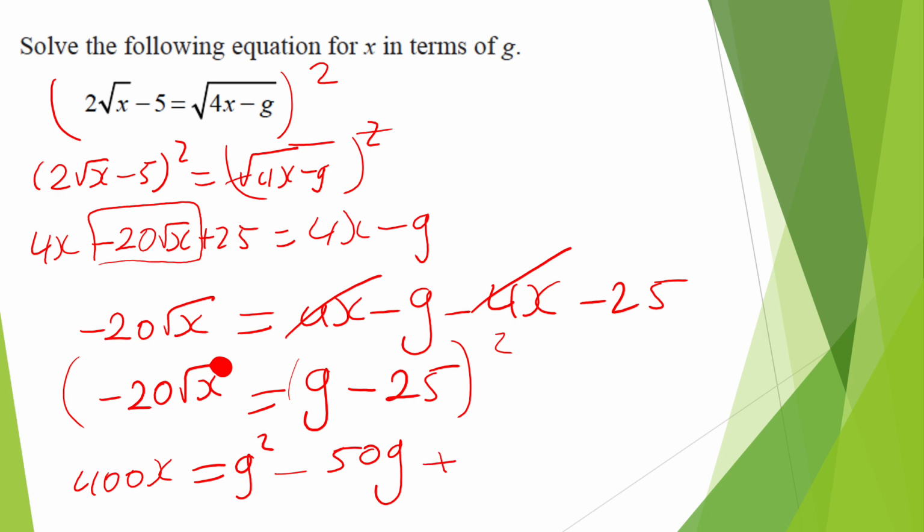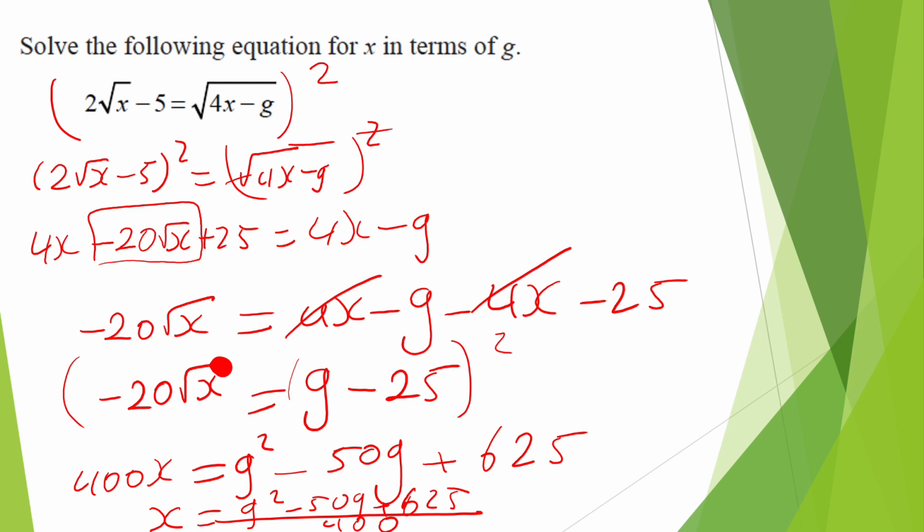I think 225 maybe? No, 625. Plus 625, and then I want to find x in terms of g. So I'm going to divide everything by 400, so I'll have x equals g squared minus 50g plus 625, all divided by 400. I'll leave it like this. You don't have to solve it any further or simplify it.